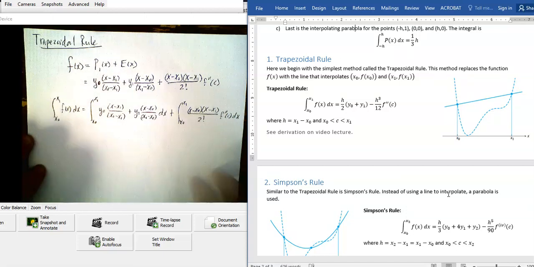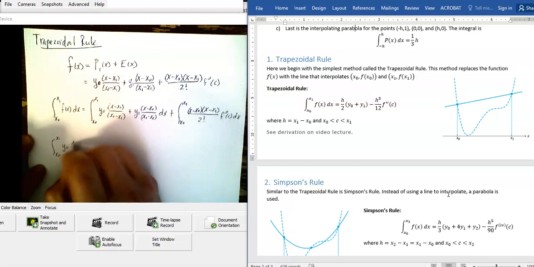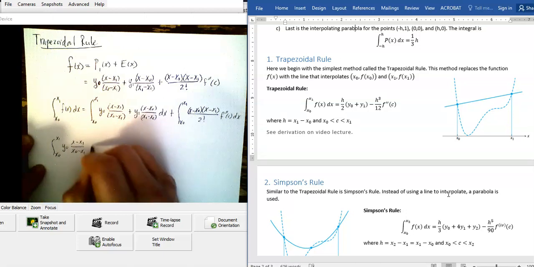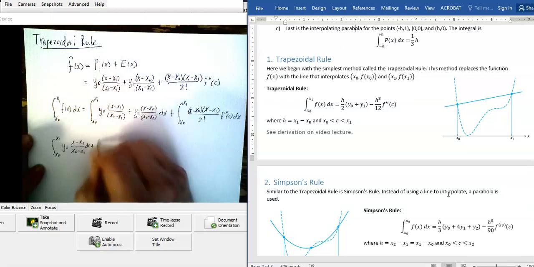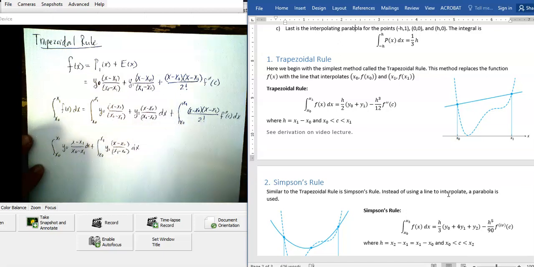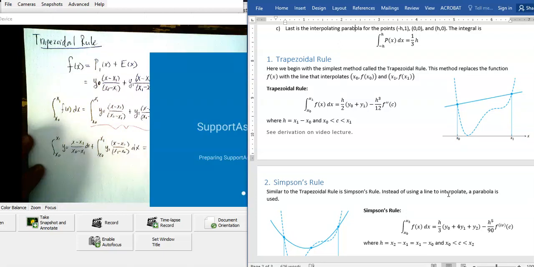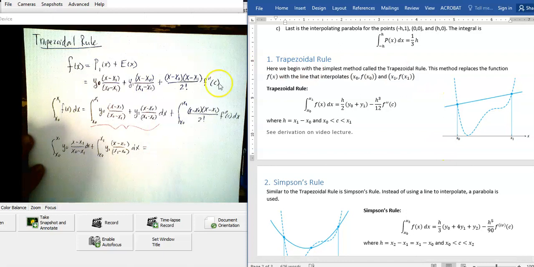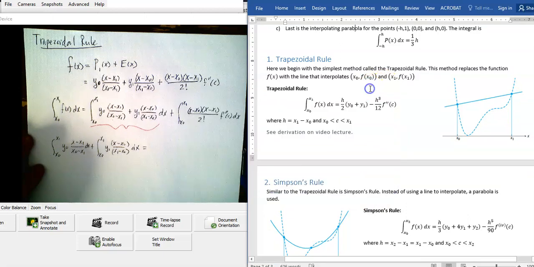Looking at this first integral, we can actually break this up into 2 separate pieces. So let's do that.